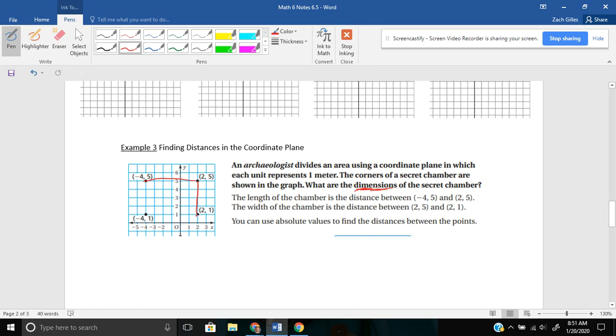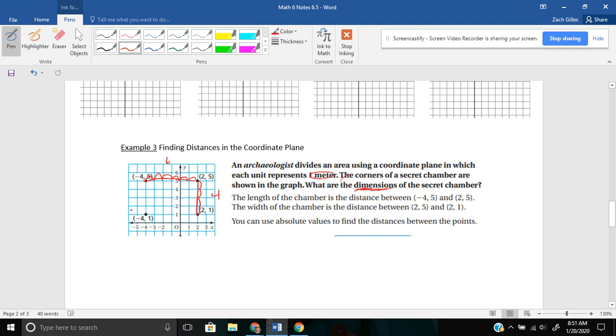Well, you can pretty easily count too. 1, 2, 3, 4, 5, 6. This is 6 long, and that would be meters, and wide it would be 1, 2, 3, 4 meters wide.